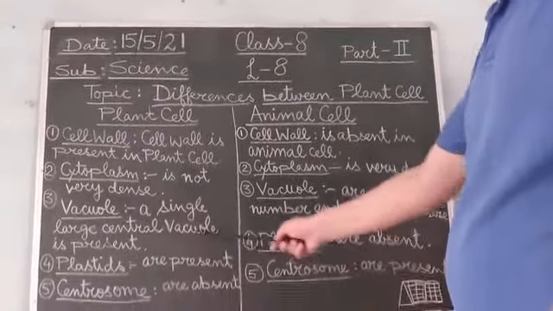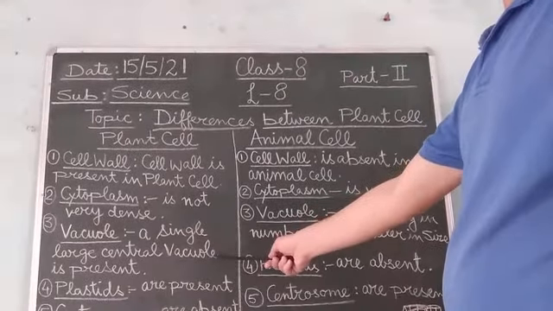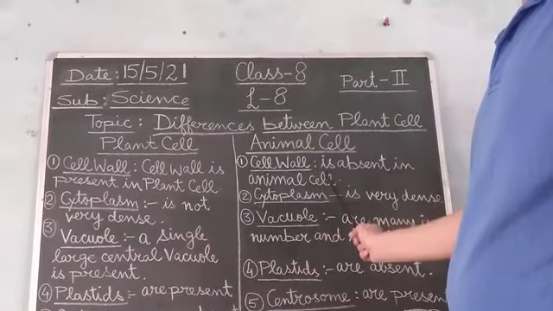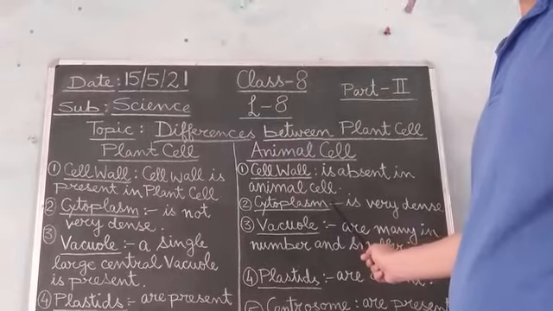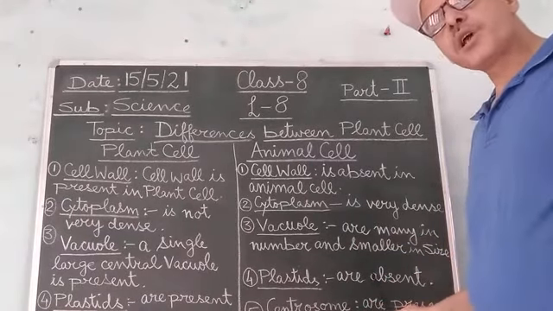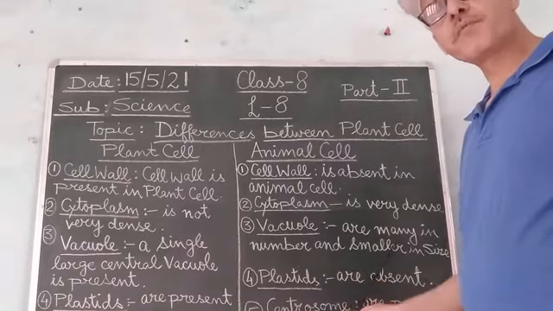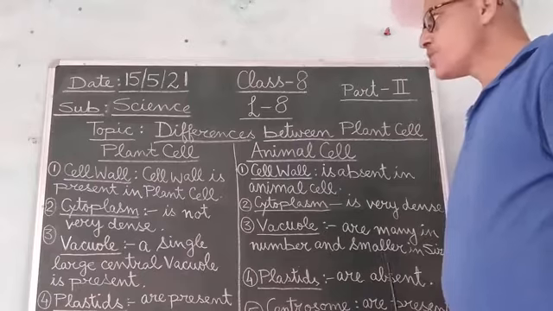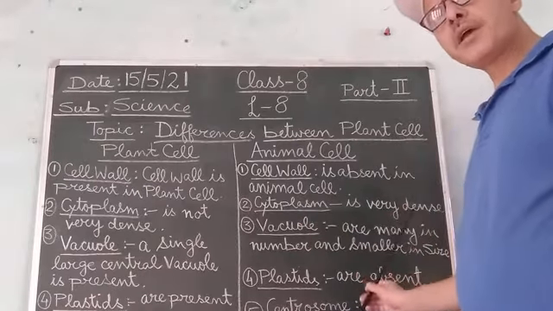A single large central vacuole is present. Whereas, in the case of the animal cells, many small sized vacuoles are present. So, this is the point of difference in the vacuole which is present in the plant cell and the animal cell.